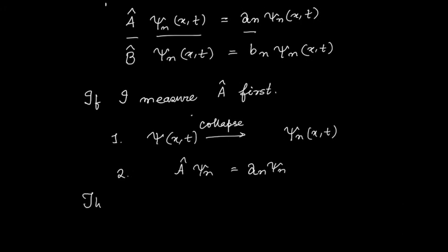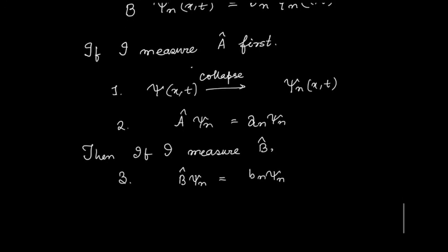And if I measure B, then what will happen? Then B cap on psi_n again will give me b_n psi_n, because it's also an eigenfunction of the operator B. Which means that I can write this together.